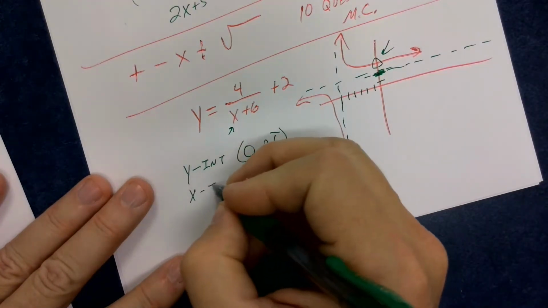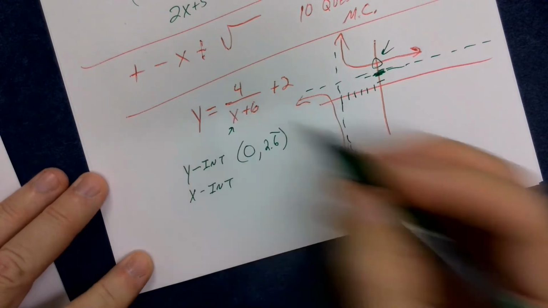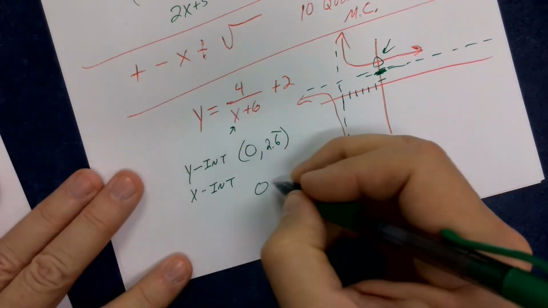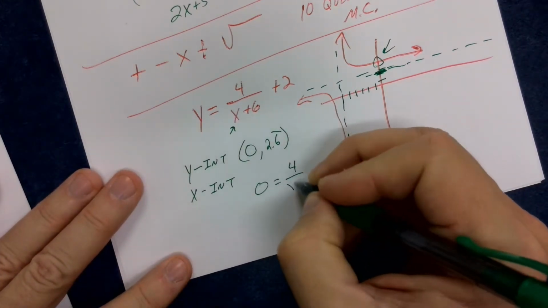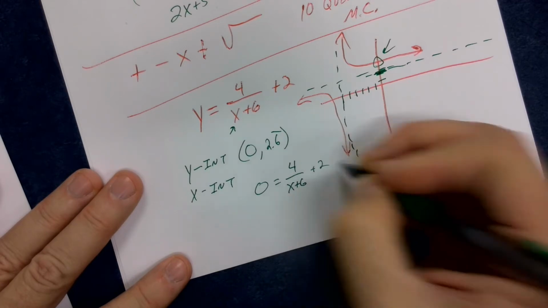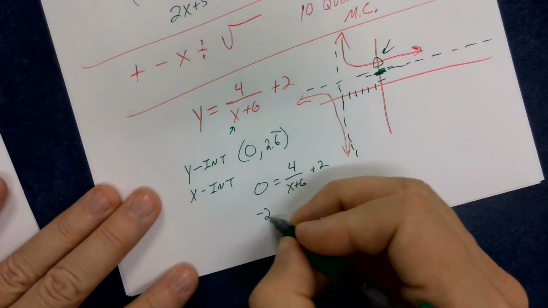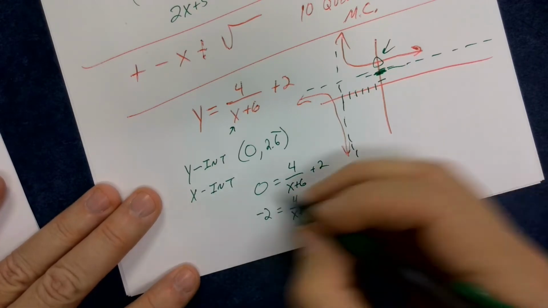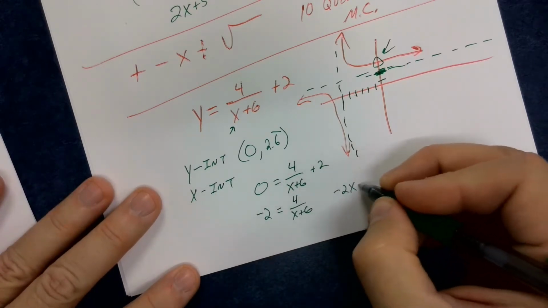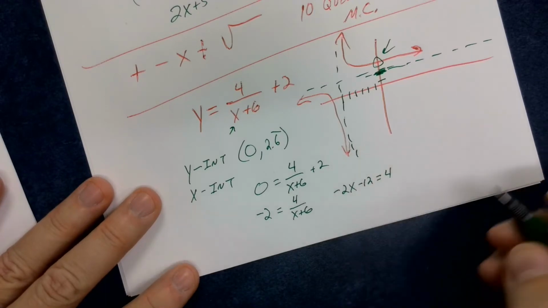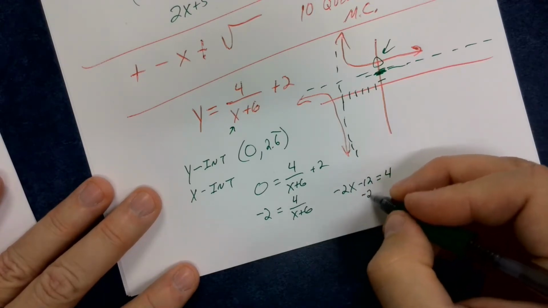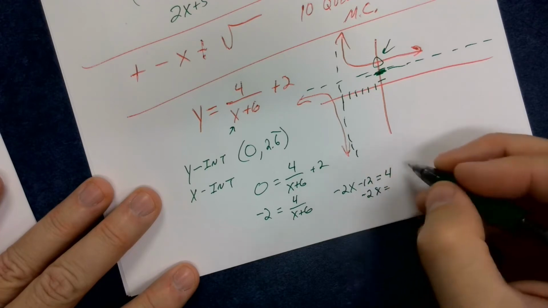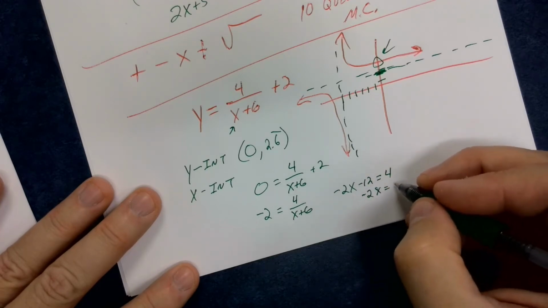And then the x-intercept is when y is 0, so plug it into there and solve this. 0 equals 4 over x plus 6, plus 2. Move the 2 over and you get negative 2 equals 4 over x plus 6. And you multiply up and you get negative 2x minus 12 equals 4. And you add the 12 and negative 2x equals, what is it, 16?